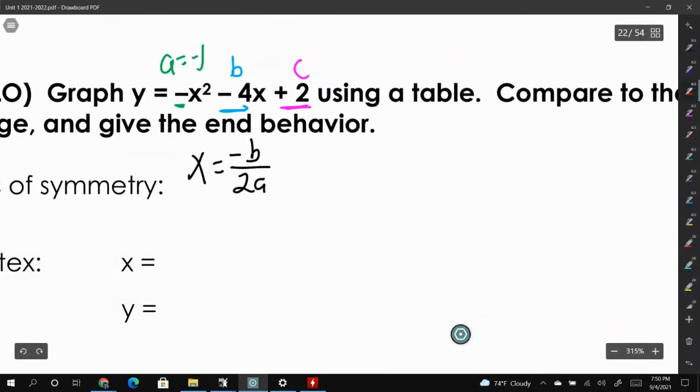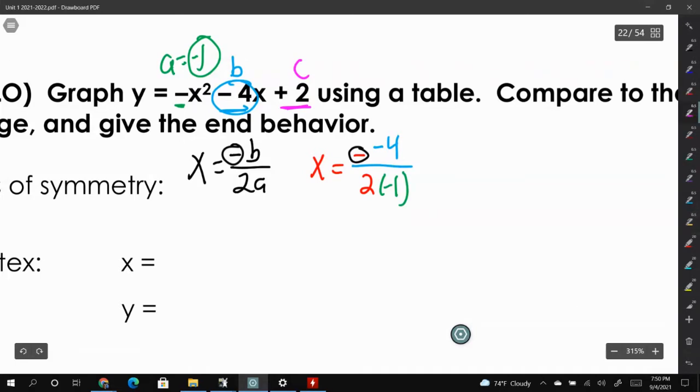So negative -4 over 2 times a, which is -1. So there's a lot of negatives going on here. The formula has a negative in it. That's where this one came from. b was -4, and a was -1.